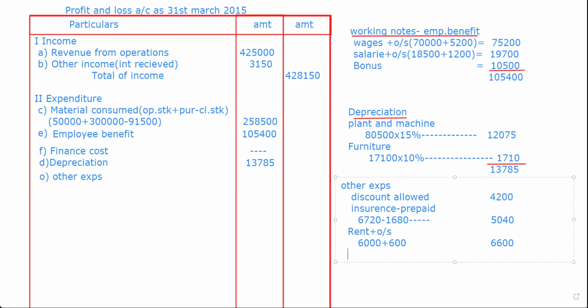Rent is also done. Next, I'm going to go with general expenses, which he gave me around 8,950. Then he gave me printing and stationery.